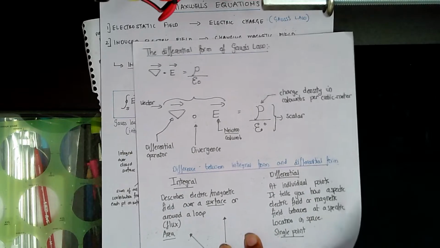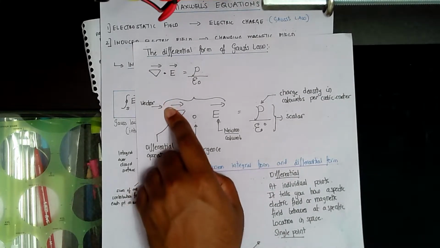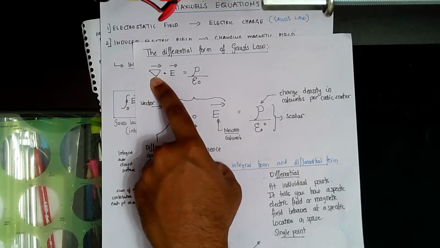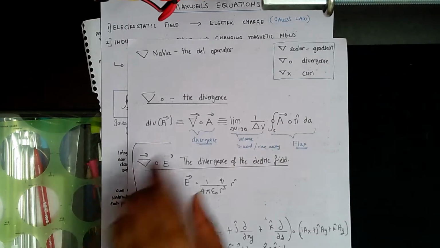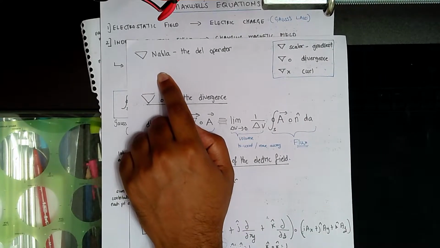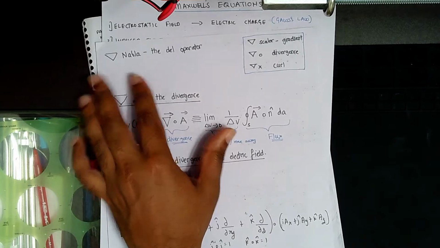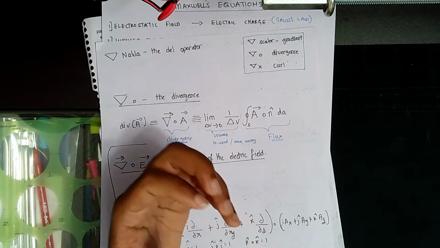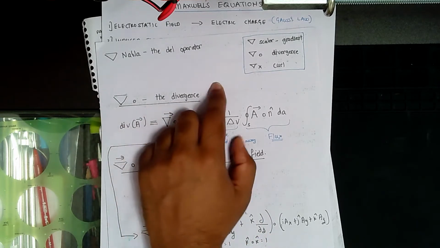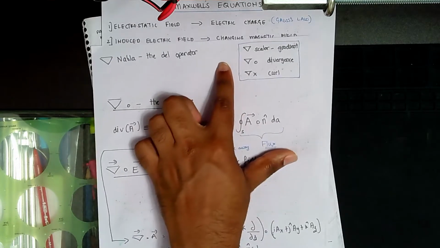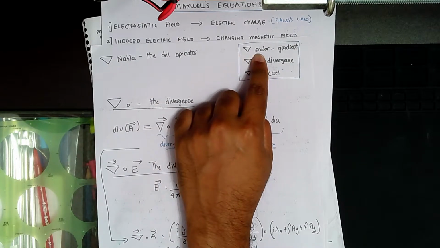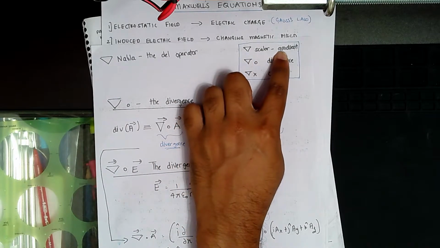When you're differentiating a particular quantity, there are three types of quantities you can take the derivative of. If you just take the derivative of a scalar, you're going to get a gradient.